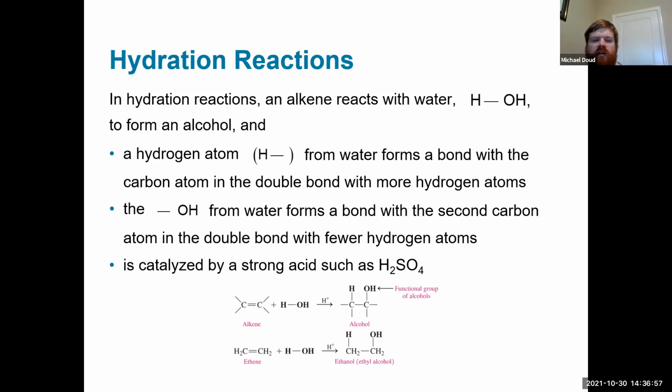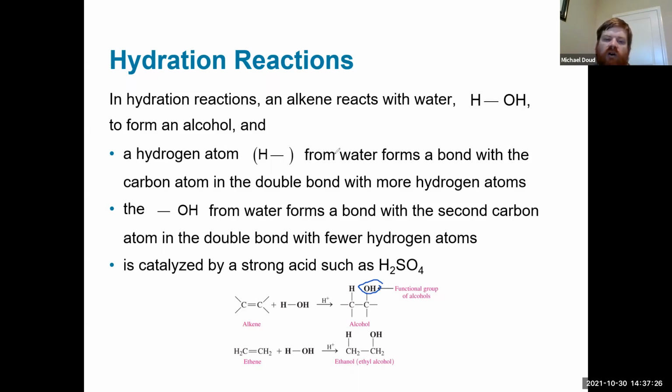Okay, so we are going to talk about hydration. Sorry, I forgot that we have this here. So with a hydration reaction, this is where you take your alkene and you react it with water, and basically you break the carbon-carbon double bond. And the two new bonds that you're going to form are a carbon-hydrogen bond and a carbon bond to an OH group. And now this right here, this is what's called an alcohol. So this OH group is what determines something that's an alcohol.